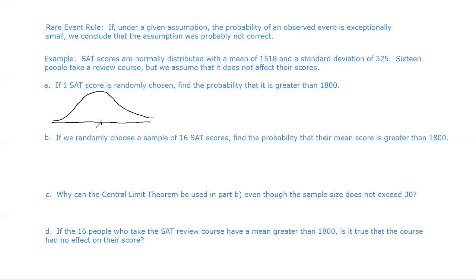I'm going to put the mean right in the middle, which was 1518. And greater than 1800, so 1800 is way over here. Greater than 1800 is this region right here. Notice that this is just like the last problem. So my answer to this would just be normal CDF.